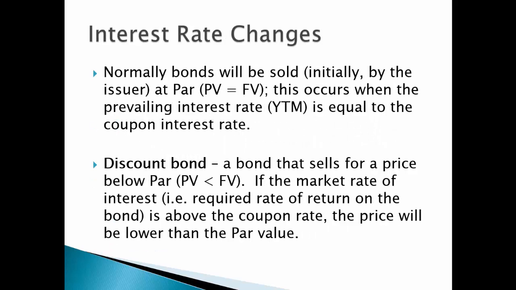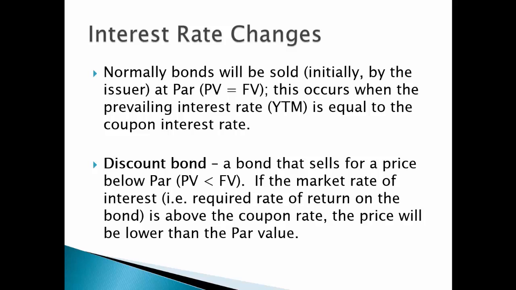Normally, bonds are sold by the issuer at par. That is to say that the present value, or the price, is equal to the future value of the bond. So they're selling it for $1,000. And this occurs when and if the yield to maturity on the bond is exactly equal to the coupon rate. When that's true, a bond will sell at par.